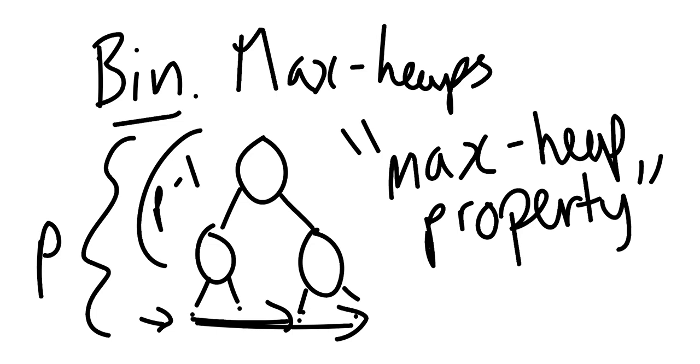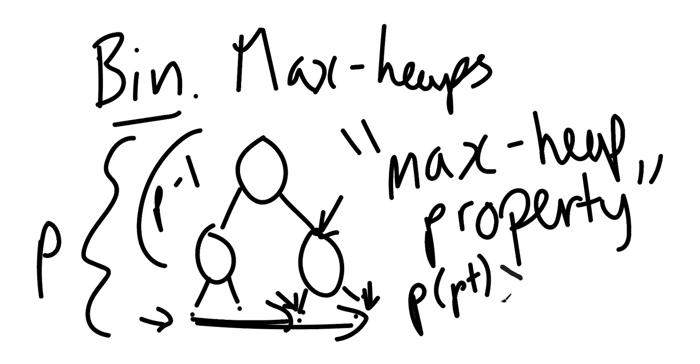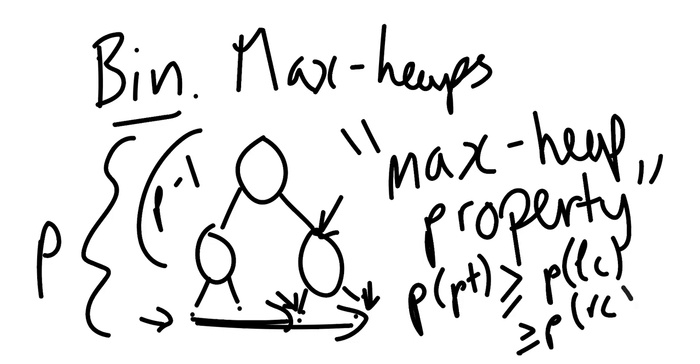So what this max heap property says is that if you have any parent, then it must have a priority higher than any of its children, right? So its children must have a priority that's less than the parent, right? So the priority of the parent is always greater than or equal to the priority of its left child, and also greater than or equal to the priority of its right child, right?